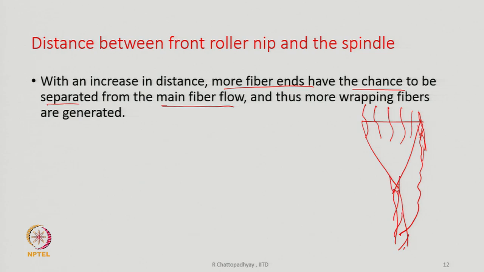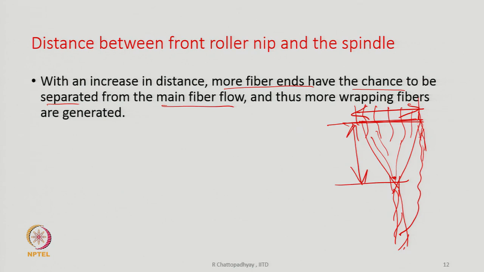So, the size of this triangle is important: how far the twisting point is reaching the front roller nip, and what is the width of the thin ribbon of fibers. Both of them are important.